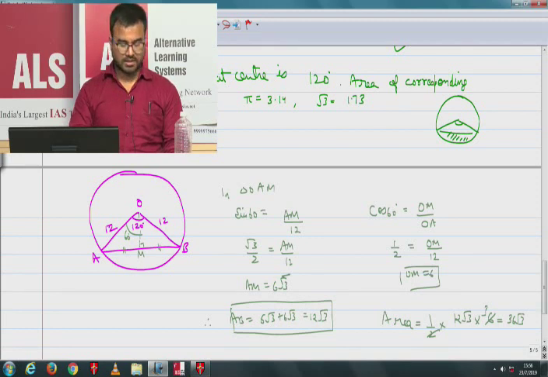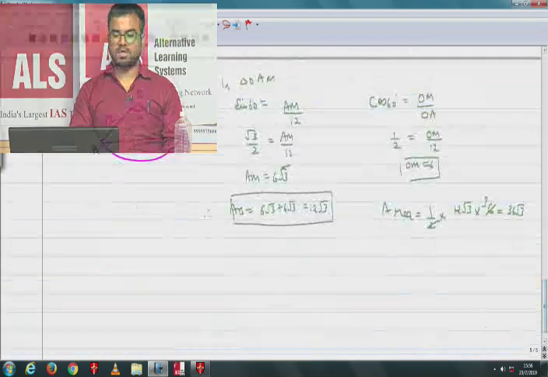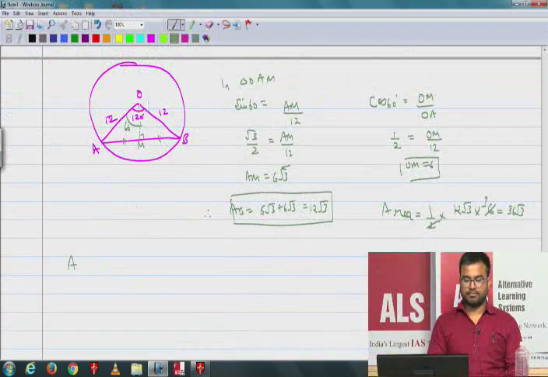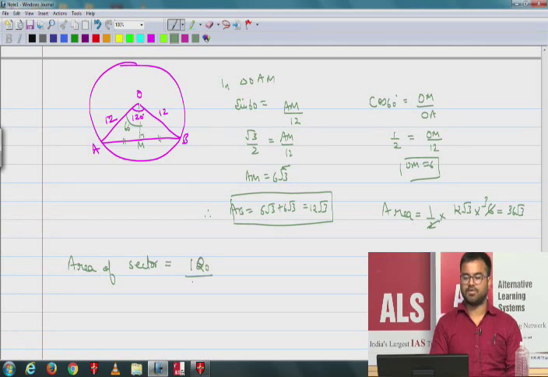So now the area for the segment. Area of sector is theta, which is 120 over 360, times pi, which is 3.14, times r square, 12 times 12.